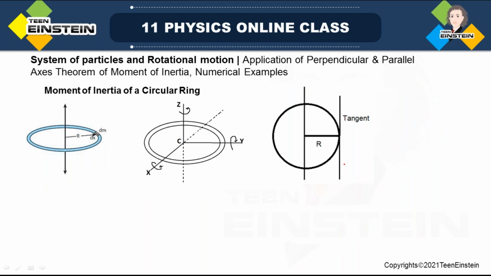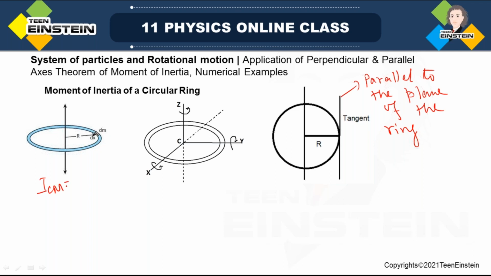Now I can do one thing. I can think of this tangent as parallel to the plane of the ring. If this tangent is parallel to the plane of the ring, then how do you get the moment of inertia?